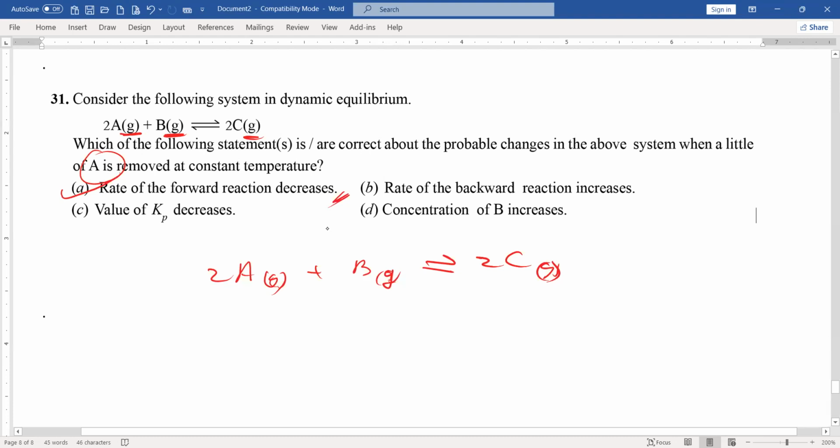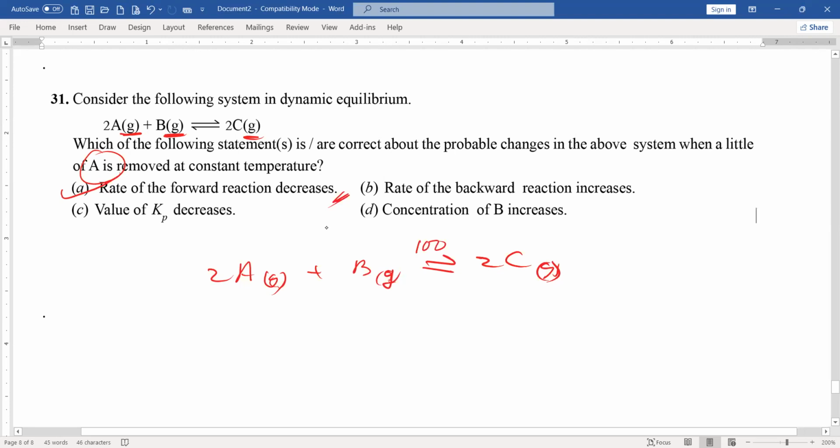Does the rate of the backward reaction increase? No. Why? If the forward reaction decreases and the reverse reaction increases, it will never become equilibrium. If one decreases, both reactions have to decrease. If one increases, both have to increase. Initially, say the rate is 100.